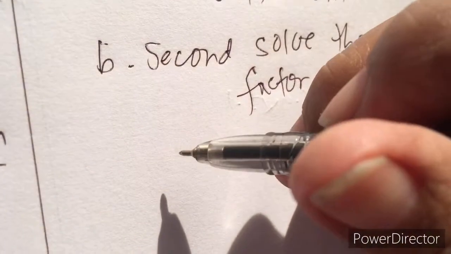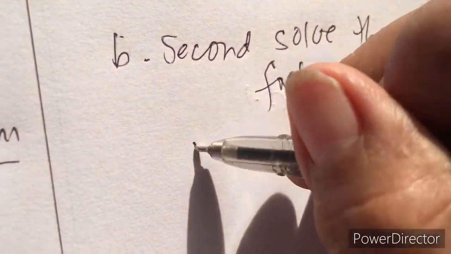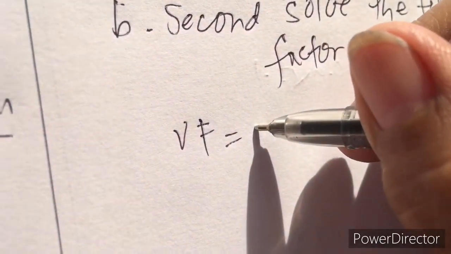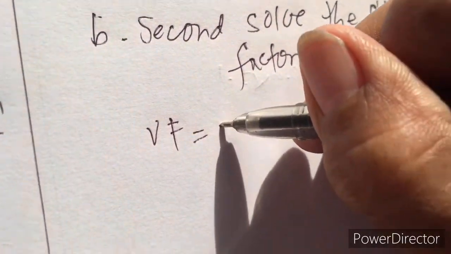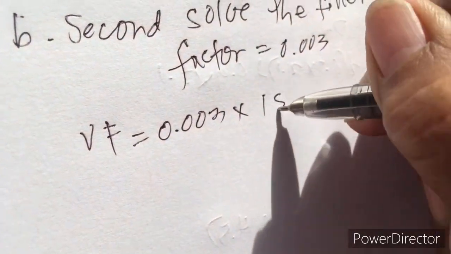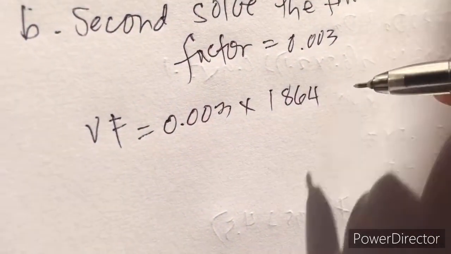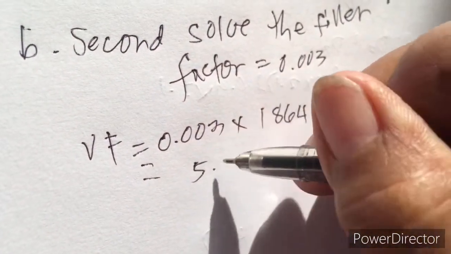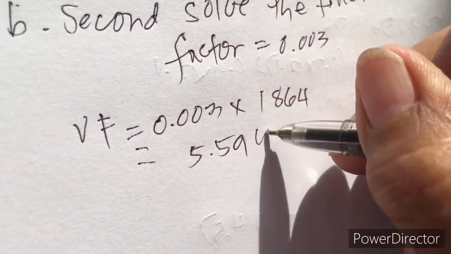So the filler equals 0.003 times 1,864. This equals 5.59 cubic meter.